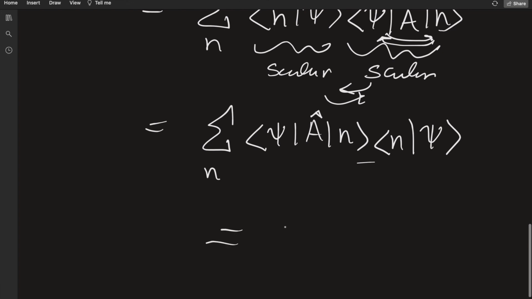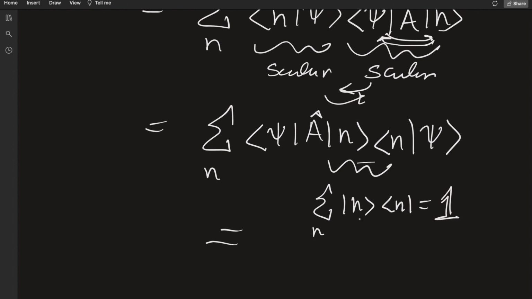Okay, so this, as I defined, this is this, right? This is just an identity matrix. What is identity matrix times everything? Everything again. So if I have a vector A, this is a vector A, not the operator.